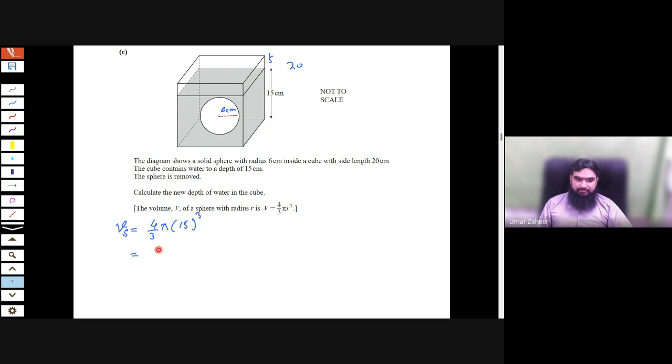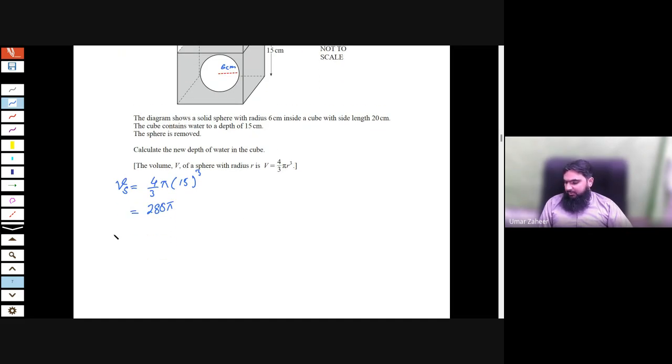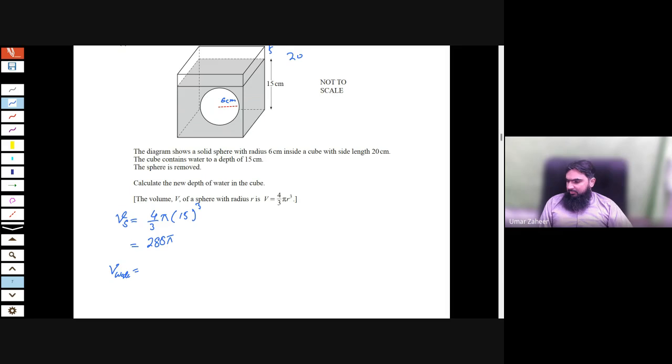The final answer will be in terms of pi, because this is not my final answer. Is the radius of the sphere not 6 centimeters?